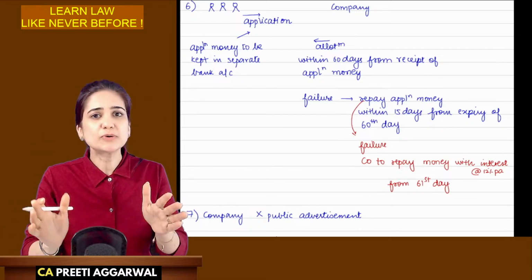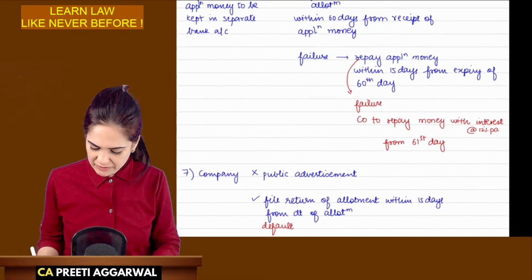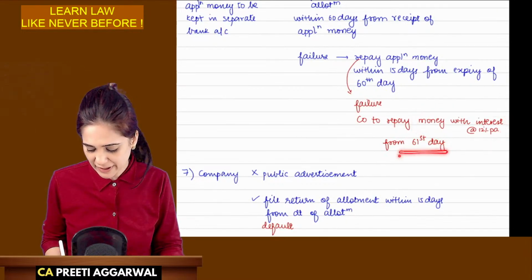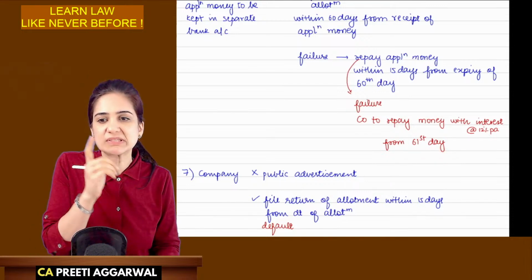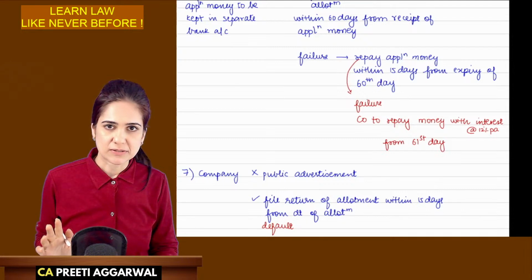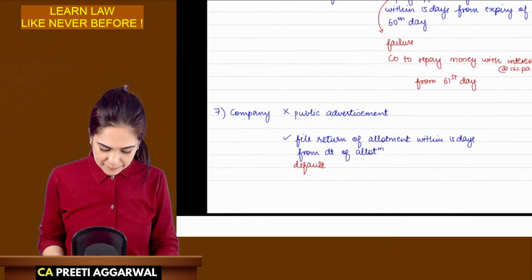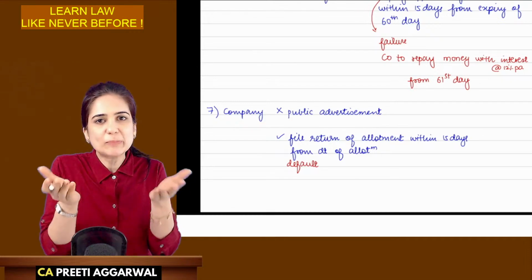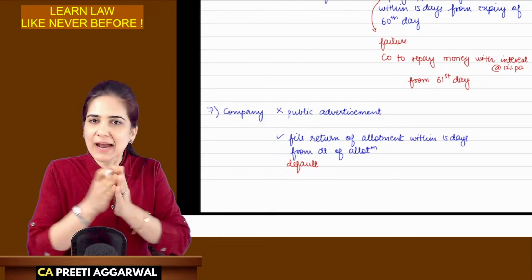If they fail to refund the amount, then the company will have to refund the amount along with interest at the rate of 12% per annum, and this interest will be calculated from the 61st day till the date of payment. Okay, the company cannot advertise this to the public. It's a private placement. You cannot advertise it.